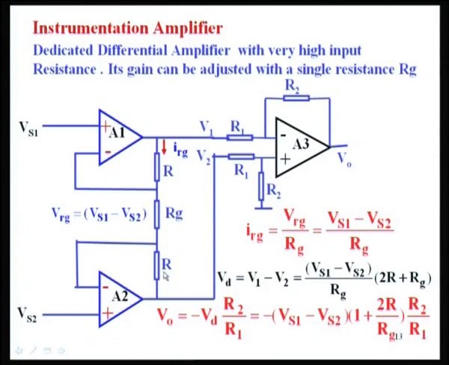So, let us quickly see, this is a simple circuit, there is no problem at all. See V 1 minus V 2, okay. If I take V 1 minus V 2, then V 1 minus V 2 into R 2 by R 1 with a minus sign will be V naught. How much V 1 minus V 2 is, we have to find out in terms of V S 1 and V S 2.